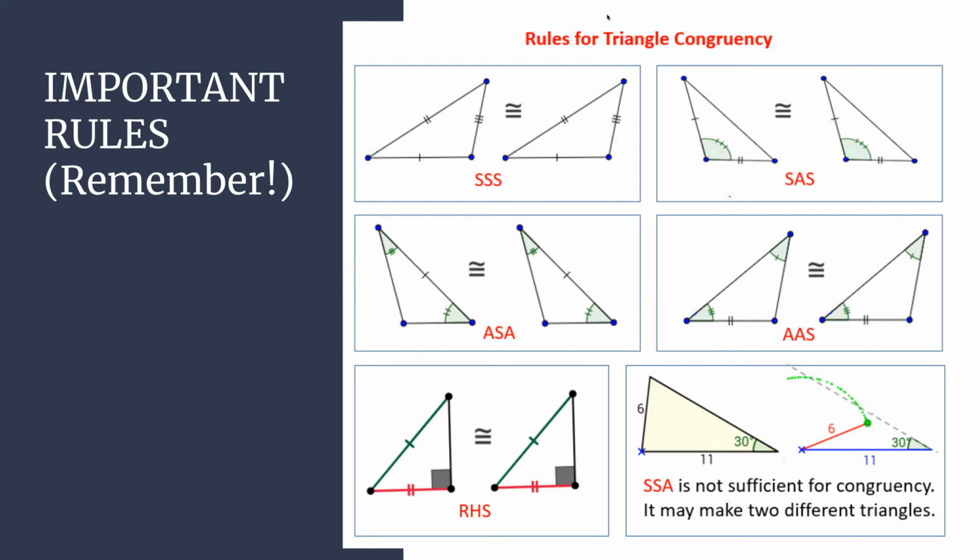If you say SSA is a situation that can determine congruency, you can also say this side is equal to this side, but there are two situations we can draw here. And this triangle is obviously not equal to this triangle. That is how SSA is not sufficient. Next slide, please.